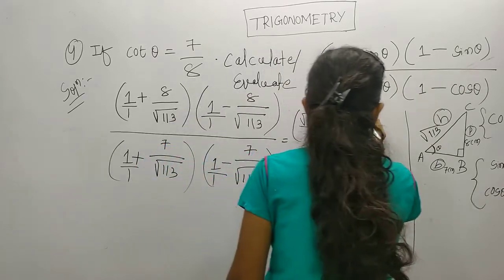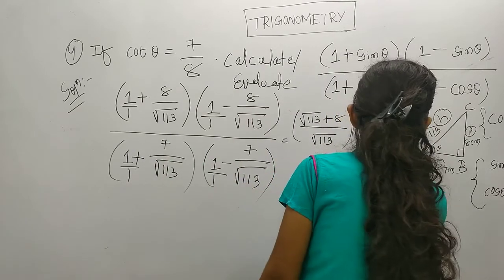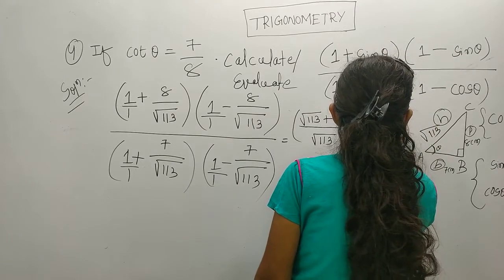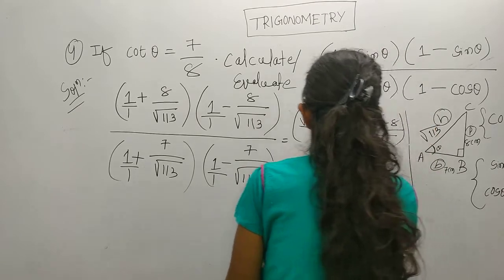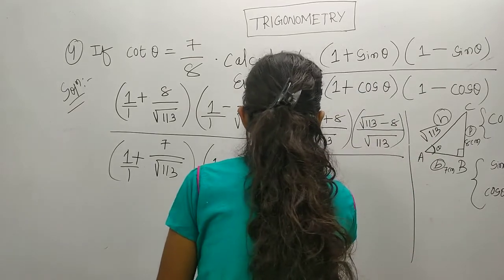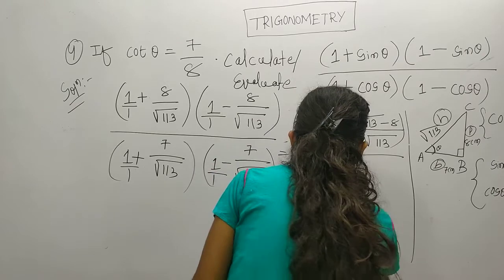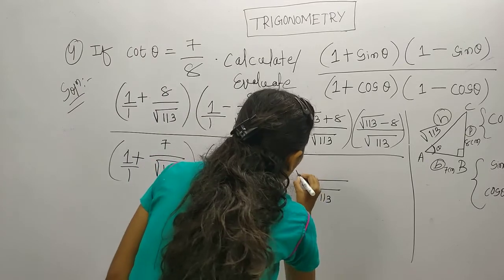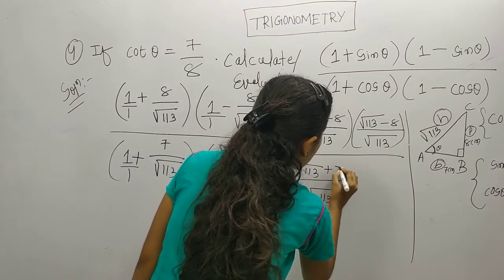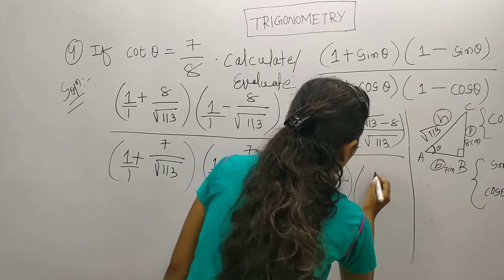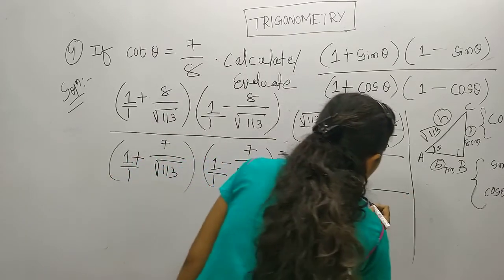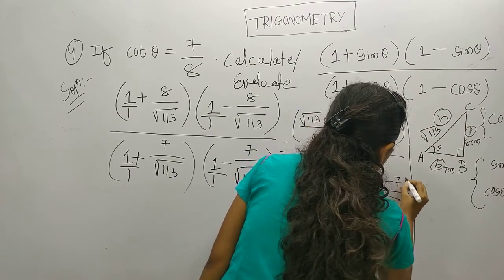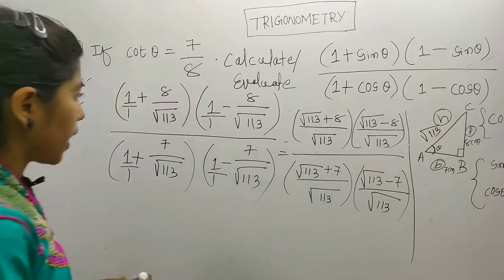Similarly, the LCM is the same, root 113, so it will become root 113 minus 8, divided by root 113 plus 7 into root 113 minus 7 over root 113. Clear.